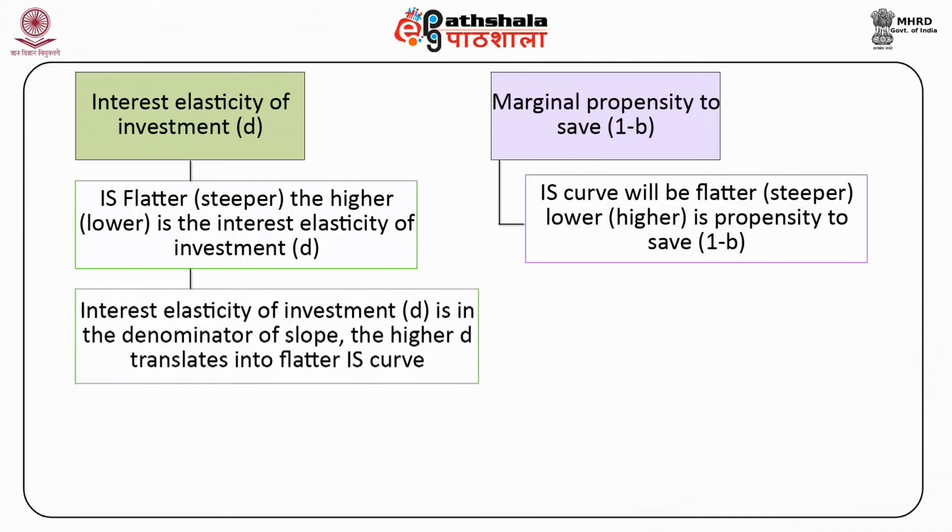Since the interest elasticity of investment D is in the denominator of the slope, a higher D translates into a flatter IS curve.